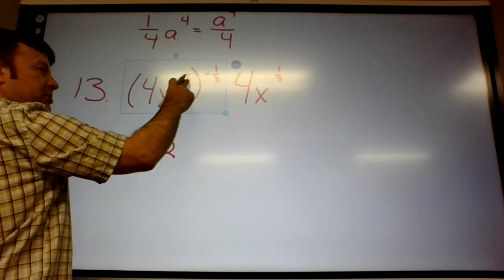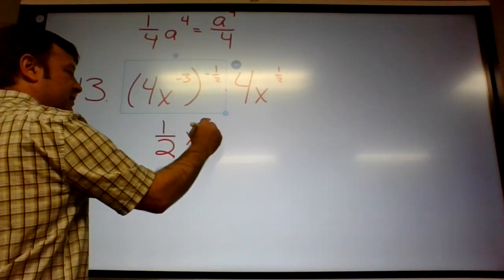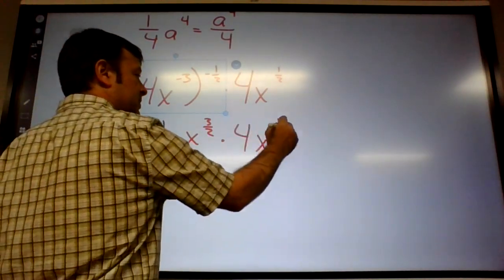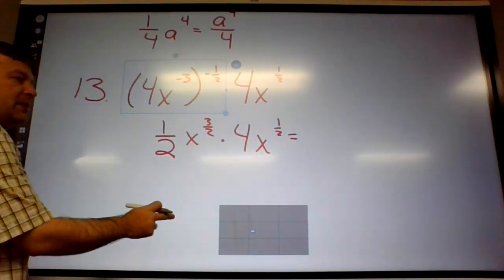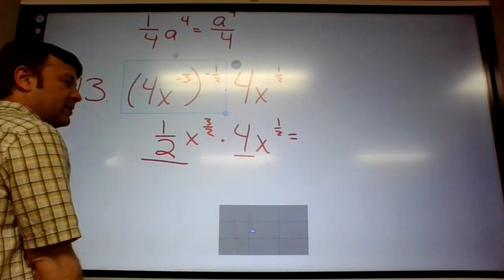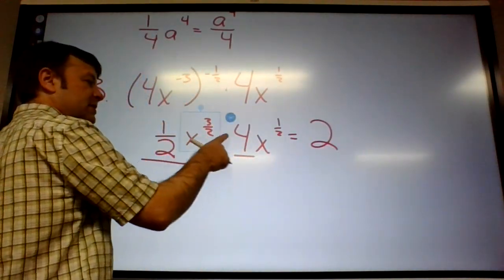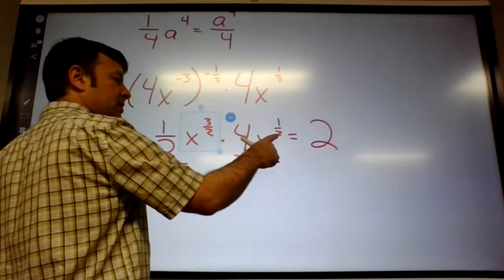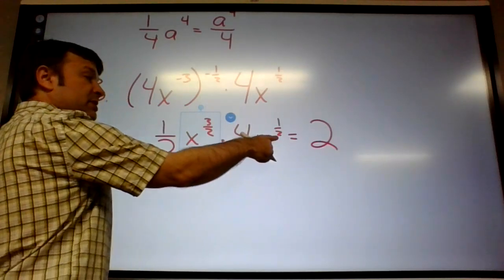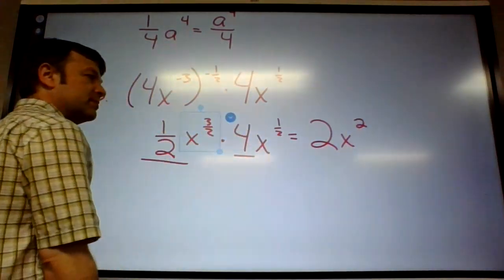And on this one, we would multiply these together. 3 times 1/2 is 3/2. Does order of multiplication matter? No. So we can go ahead and do 1/2 times 2, and x times x. What do we do with the exponents here? Add. 3/2 plus 1/2 is 4/2, which is 2.